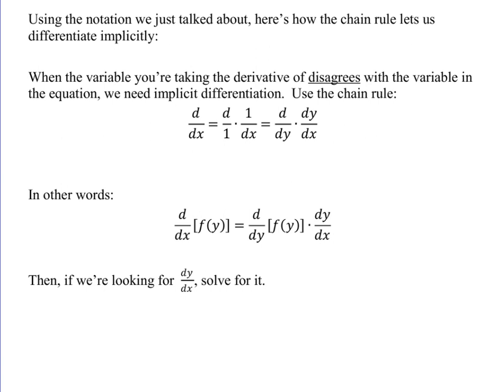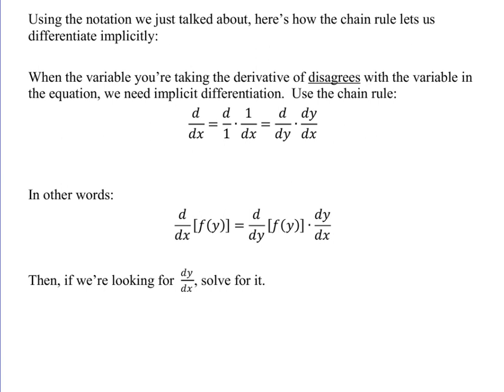All right, so putting that stuff together, here's what the chain rule allows us to do so that we can actually differentiate implicitly. If the variable you're taking the derivative of disagrees with the variable in the equation, then you need to use implicit differentiation.